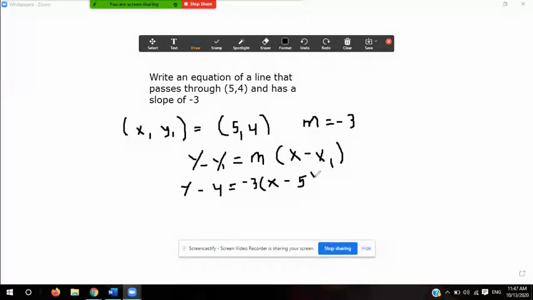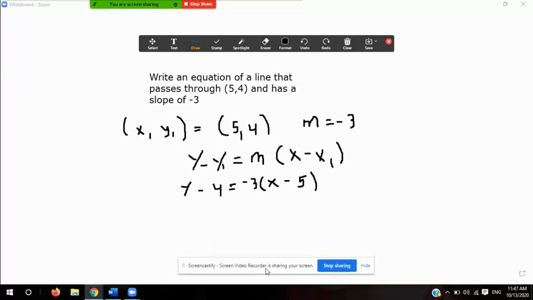So all we're going to do now is, like I mentioned, solve for y. Now to solve for y, it's very easy. You're just going to use your basic algebra. So y minus 4 stays the same because there's nothing I can do with this left side for now because they're not like terms. And you're going to multiply negative 3 times x, which is negative 3x, and negative 3 times negative 5, which is positive 15.